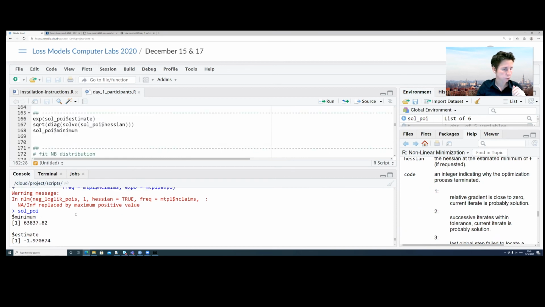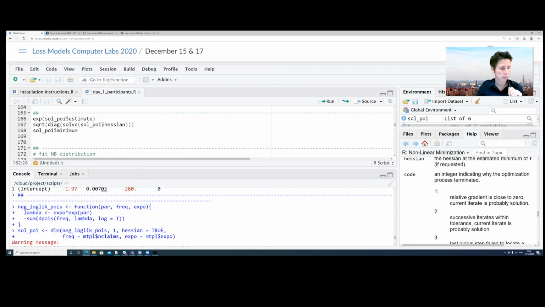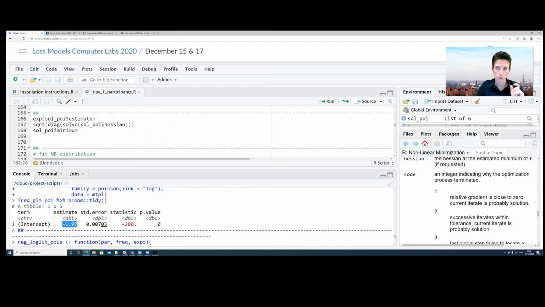So one of the things we immediately recognize is this estimate, the minus 1.97 value, which is the same as the value that we calculated earlier on with our GLM routine for the intercept, right? So we still need to take the exponential of that in order to figure out our value for the expected annual claim frequency. If we look at the corresponding standard error, what we need to do is take the inverse of our Hessian, take the diagonal element and take the square root of that.